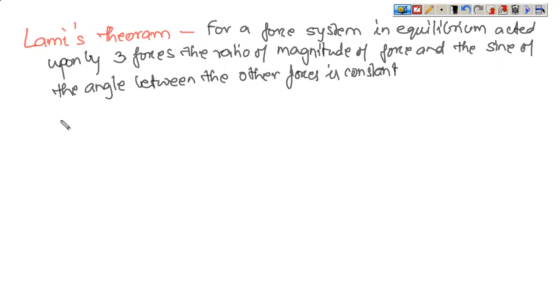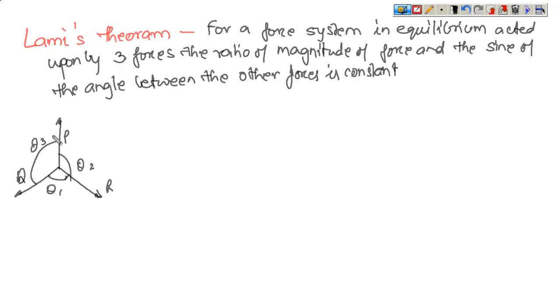So if you have a three-force system, let us say this is P, this is Q, this is R, and let us say this is theta 1, this is theta 2, and this is theta 3. Lamy's theorem is applicable only when the system is in equilibrium.